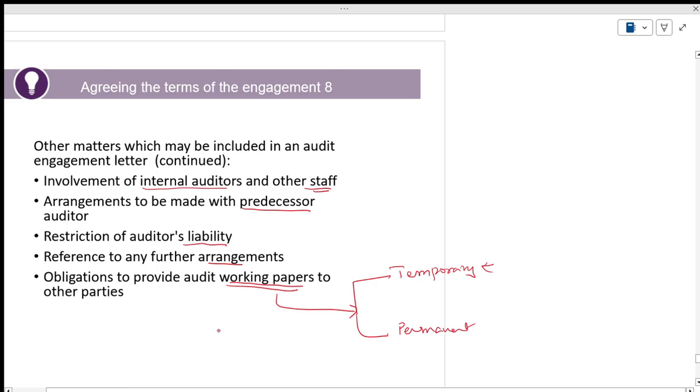Simple concept. You are going for an audit. You will take some notes related to the audit, related to the financial statements. Those notes will definitely help you.